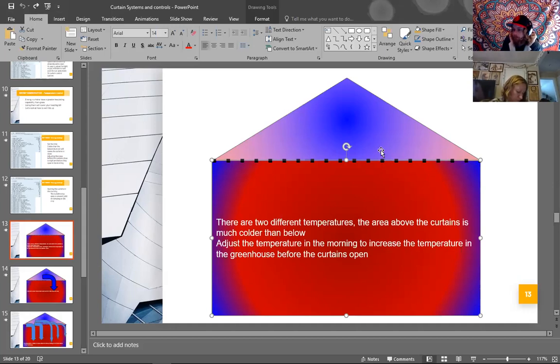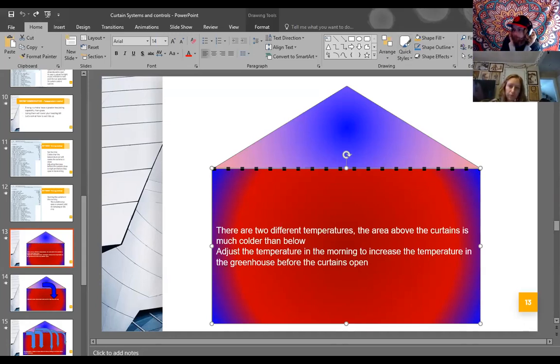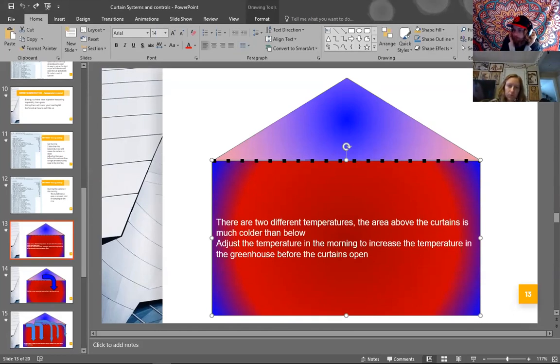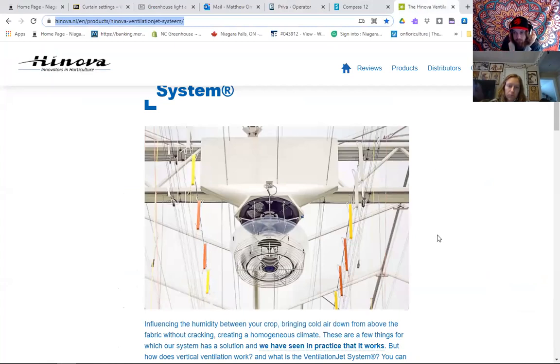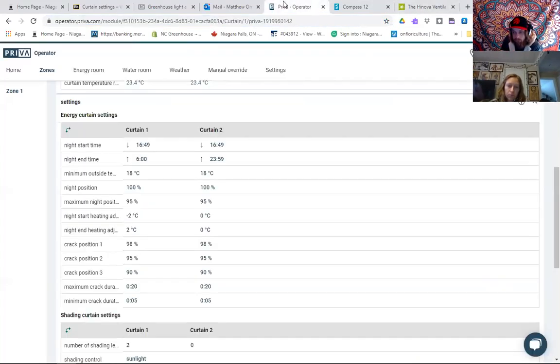If you can't gap your curtains, then you're going to need one of those fancy fans that I showed you. This guy. Okay, so there are strategies that you can play around with to mitigate some of those challenges below the curtains during the night.